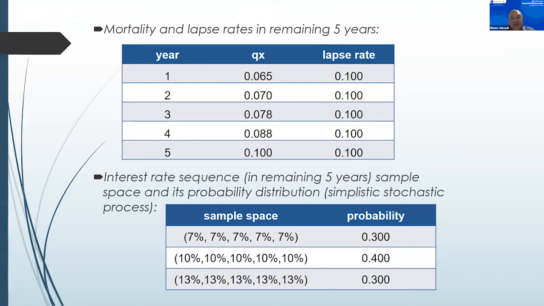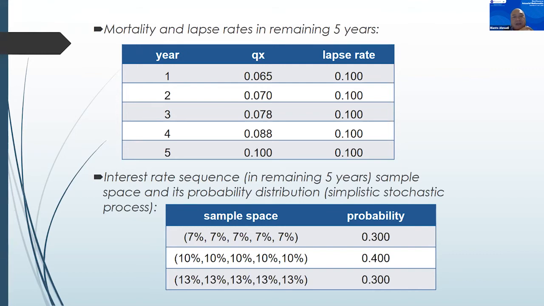And as you know, all these rates are basically conditional local rates. Okay, so what is that 0.065? That's the probability of death occurring in the next 1-year period, conditional on that the policyholder is still alive at this time.